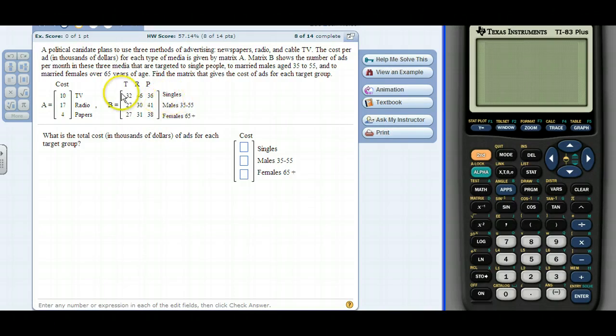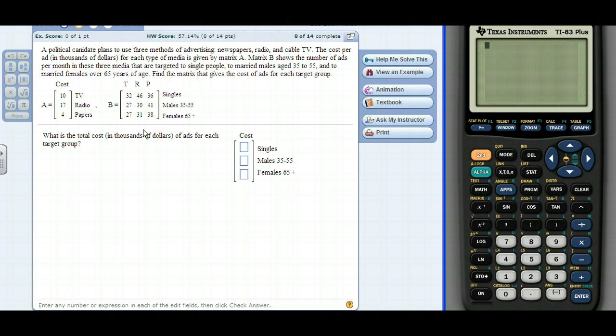This is how many ads per month were spent on singles. These three media are targeted to single people, to married people. So they're doing 32 ads, 46 ads, 36 ads. A TV ad costs $10, a radio ad costs $17, and $4 for newspaper ads.